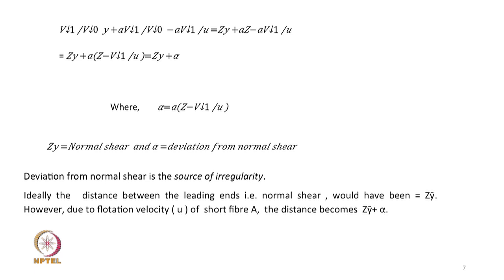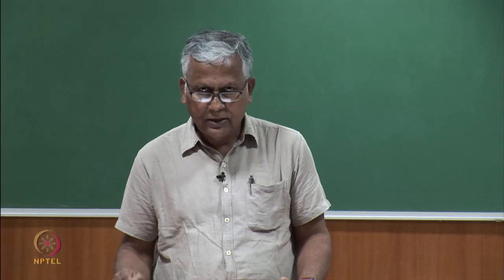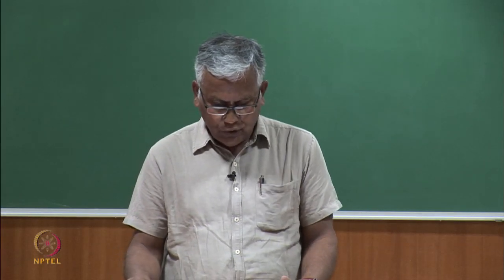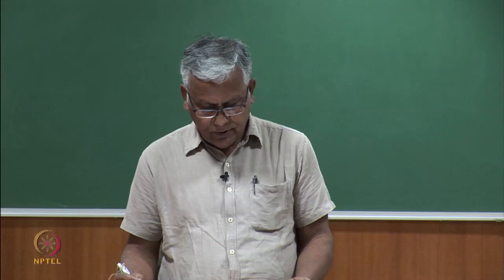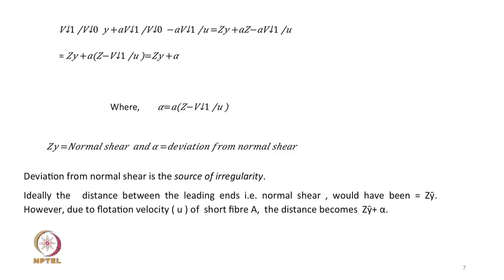So, the distance between the leading ends of the fiber A and B after drafting is going to be z into y bar plus alpha. Alpha is known as a deviation from normal shear and is a source of irregularity.